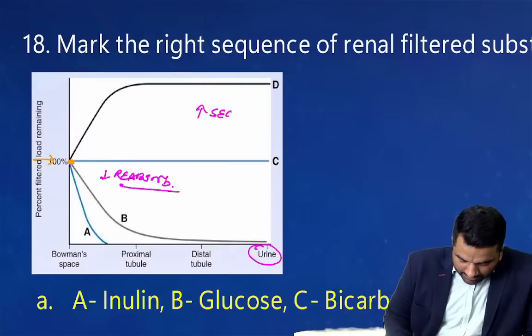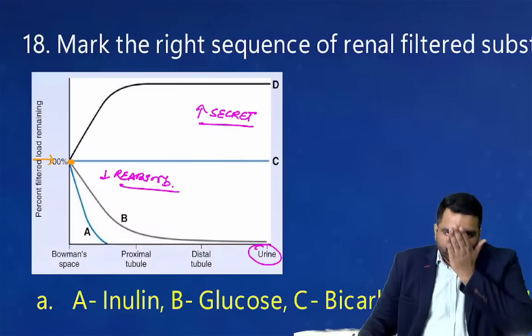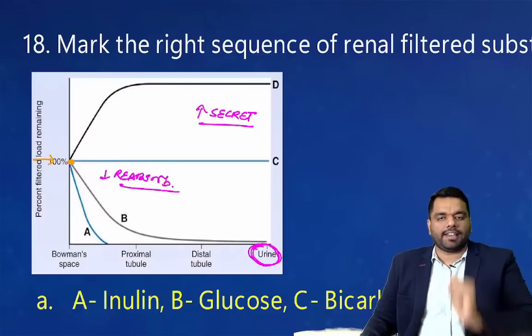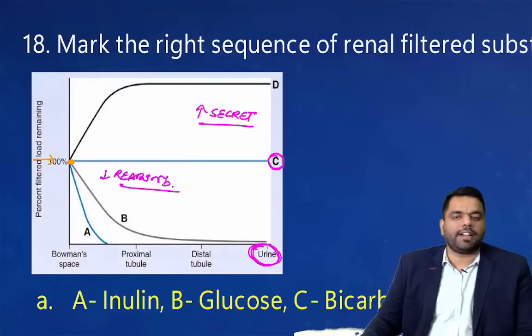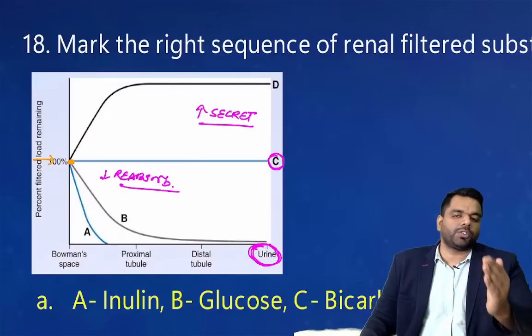It means they will secrete into the tubules later on as well, so the concentration of those substances in the urine is going to be increased. But some of them will remain constant. It means later on, no reabsorption or secretion will happen for those substances.